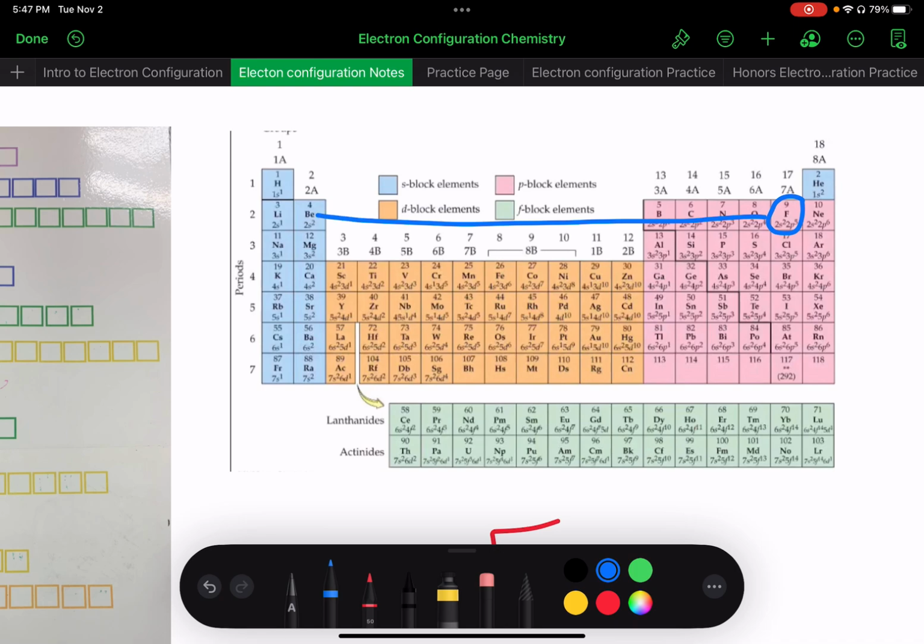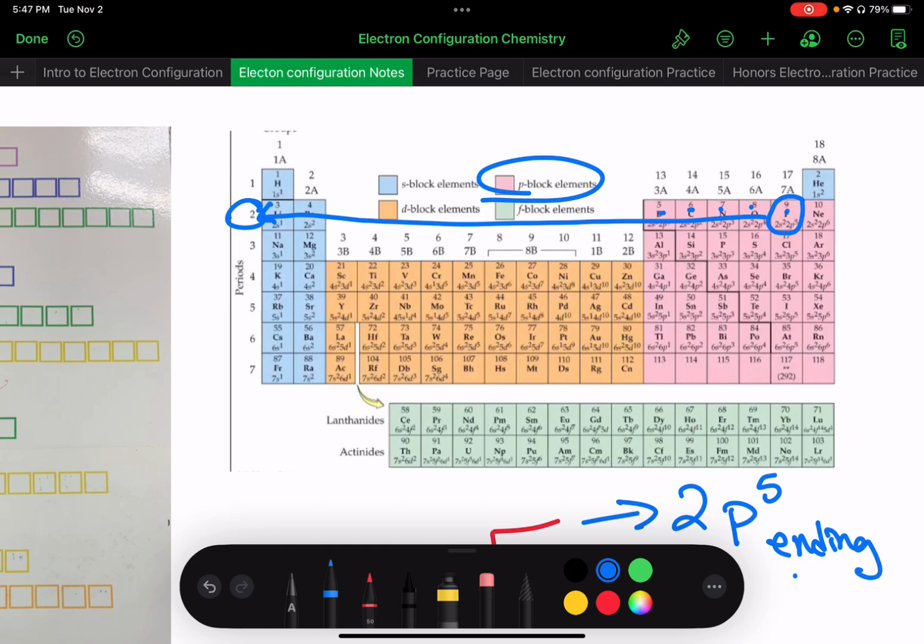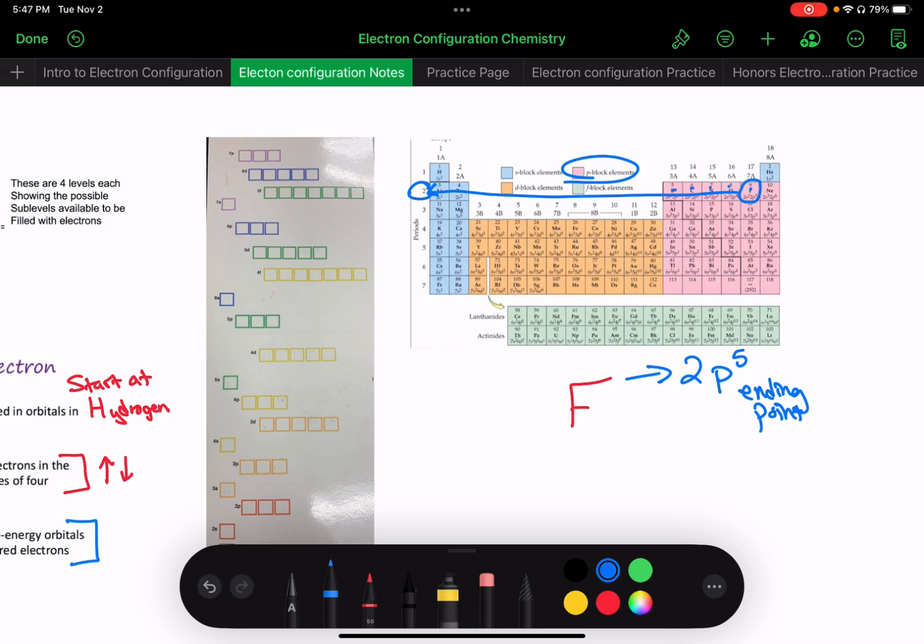If I look across, fluorine is on row 2, okay? Fluorine is in the P block, because that's what this color means. And I'm 1, 2, 3, 4, 5 blocks in. So this is my ending point.